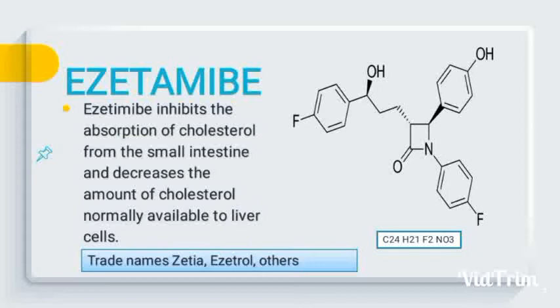Ezetimibe inhibits the absorption of cholesterol from the small intestine and decreases the amount of cholesterol normally available to the liver cells. The structural formula of ezetimibe contains C24H21F2NO3. This drug is also available under the names Zetia, Ezetrol and others, which are called its trade names.